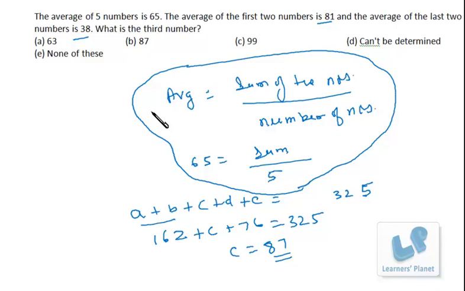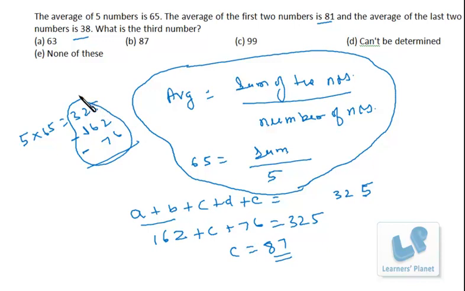Precisely the work is like, what are the steps to be written? It's 5 into 65, that is 325, minus 81 into 2, that is 162, and minus 38 into 2, 76. This is the only step that you have to write. Now deduct and get the answer, right?